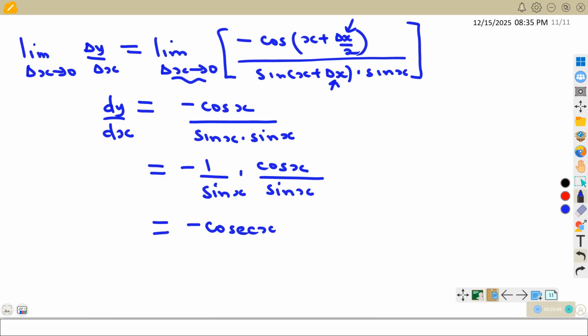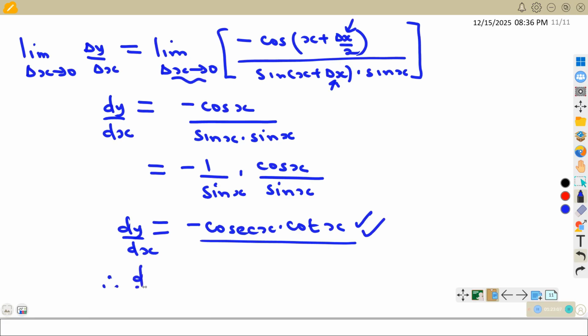What about cos divided by sine? Good. So in other words, dy/dx will give us negative cosec of x cot of x. So what does that imply?